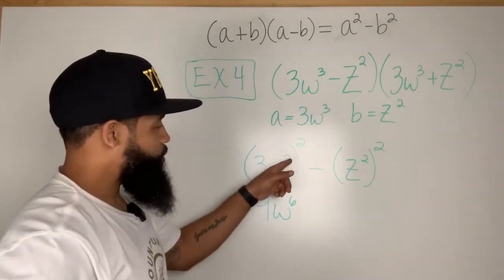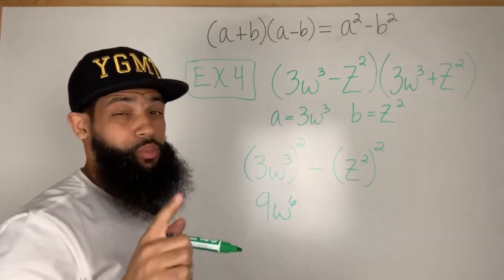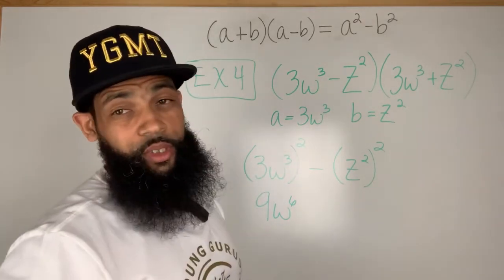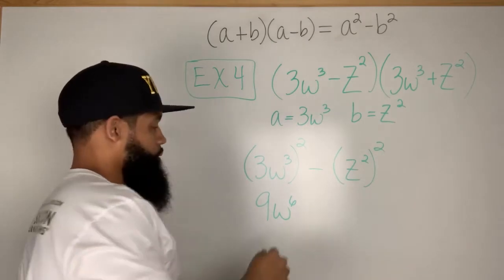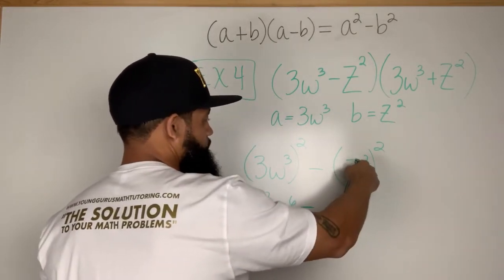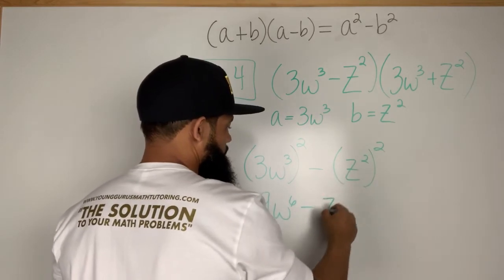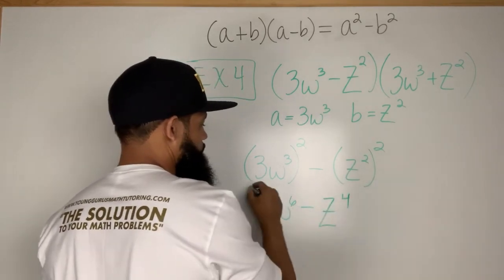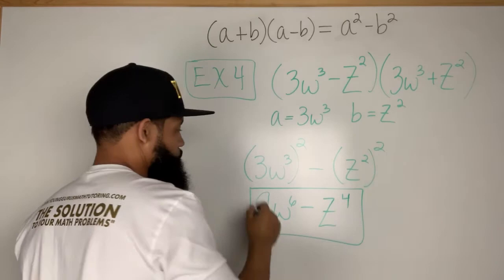Remember, if you have a power taken to a power, you have to multiply those powers. Go see my video on the rules of exponents. All right, and I have individual videos showing how to do each one. So z squared to the second power is actually z to the fourth power, and that is your answer.